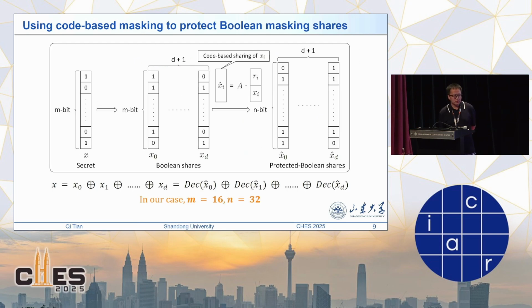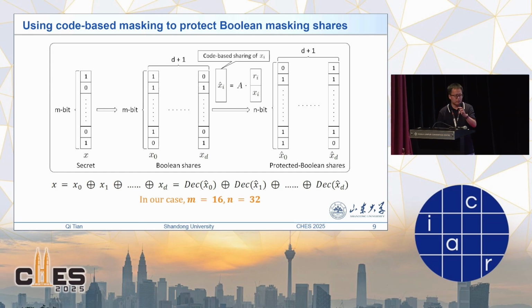We first use Boolean masking to encode secret X into some random and independent shares, and then we use code-based masking to remask the Boolean shares in order to protect them. For example, a Boolean share X_D can be encoded into a code-based share X-hat_D, and we call X-hat_D a protected Boolean share.